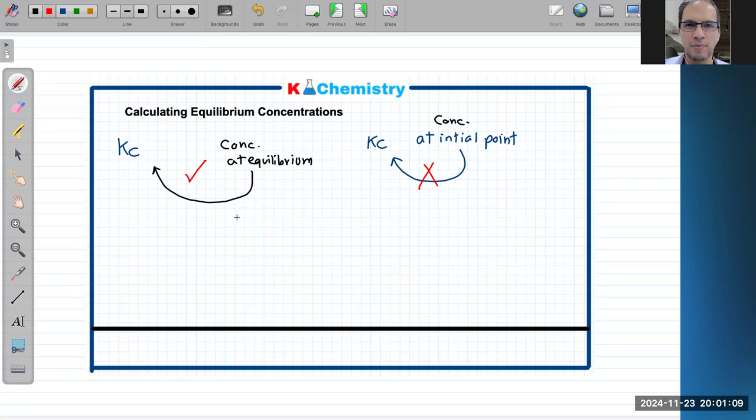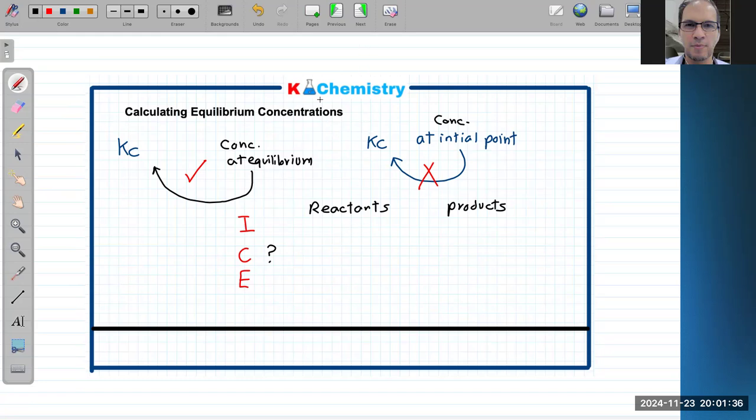And we said that the only way to find it is by using the ICE table. The ICE table is the table that relates the initial concentration of both the reactants with the products by finding the change that happened. The initial change, what happened to it to become equilibrium concentrations, by checking what is the change. Did I add to it or did I remove from it?